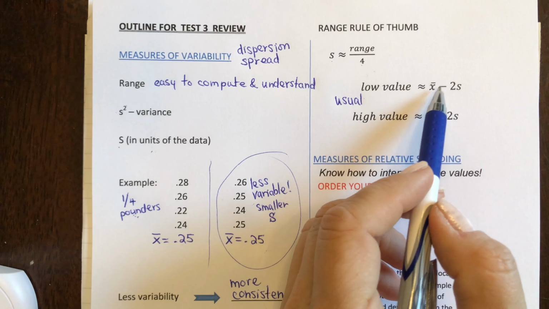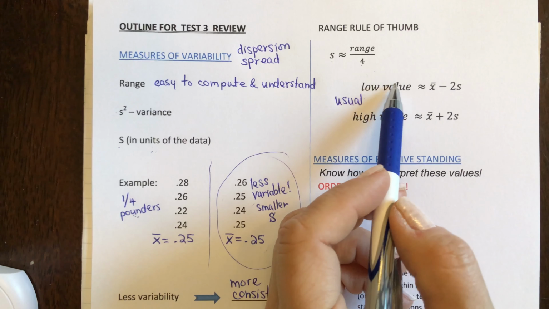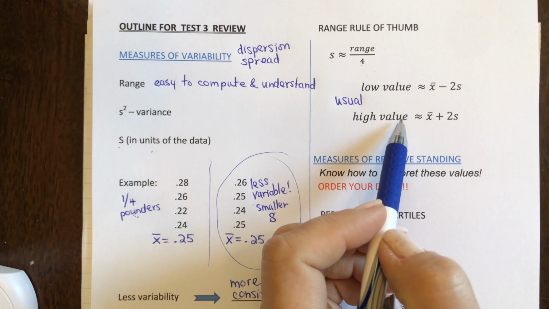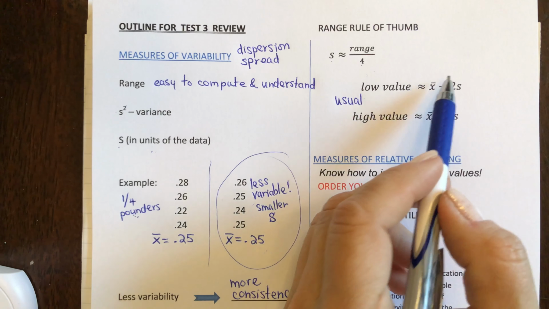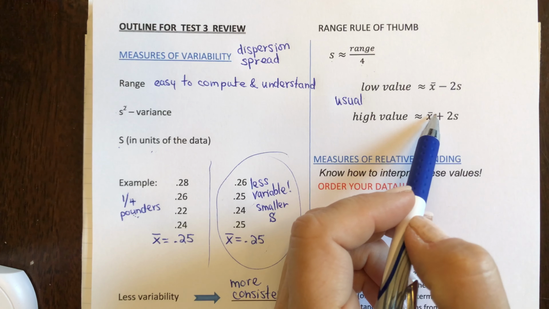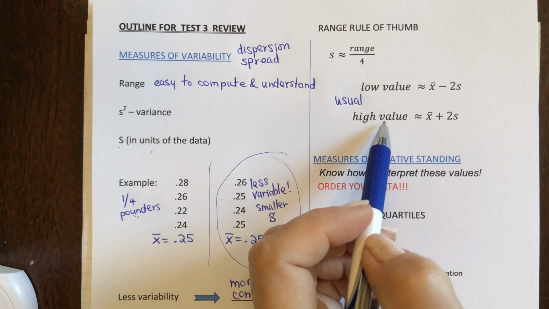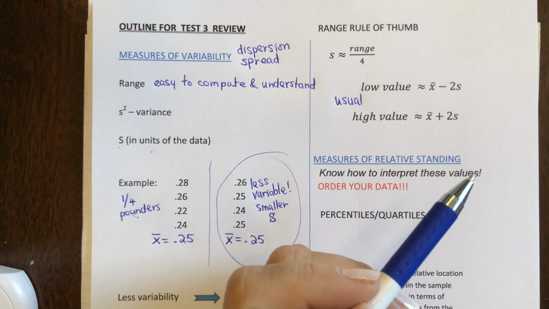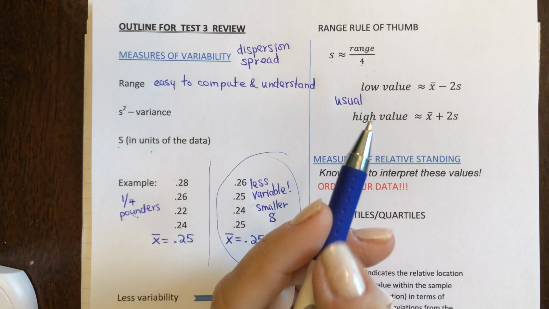So if you take the mean and subtract 2 standard deviations and add 2 standard deviations, you can subtract these to get high minus low to get an estimate of the range. But also you can create an interval, and anything in this interval would be considered usual, and anything smaller than the lowest value or higher than the highest value would be considered an unusual value, okay?